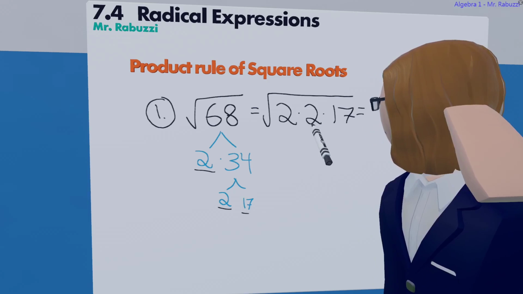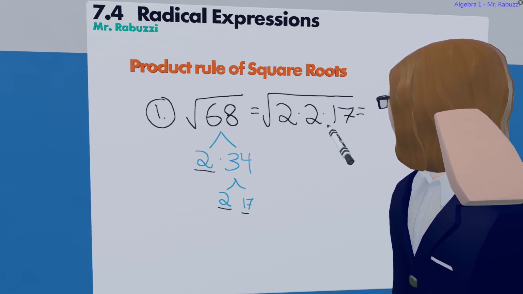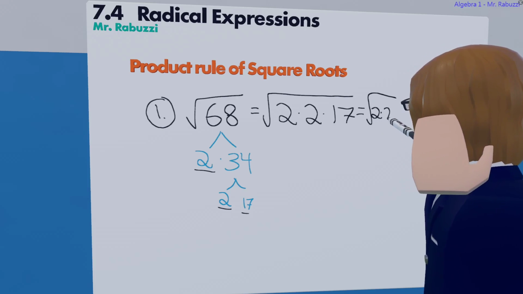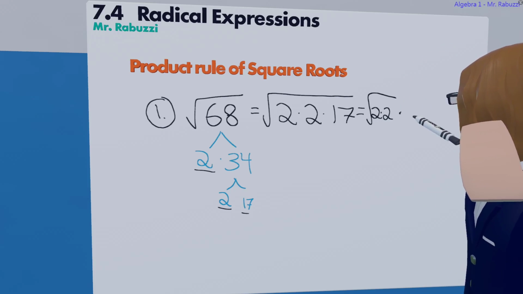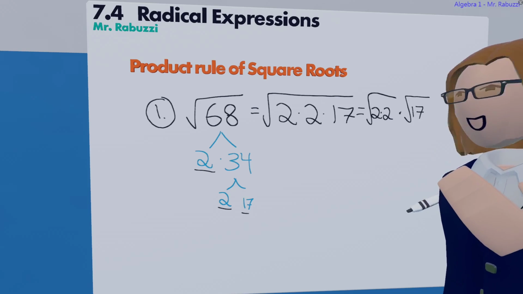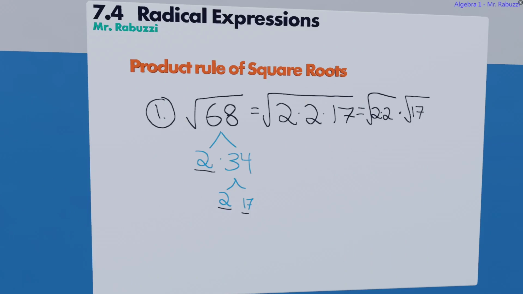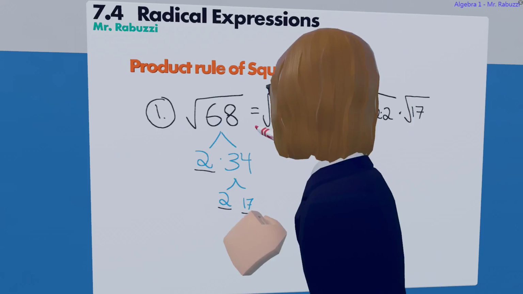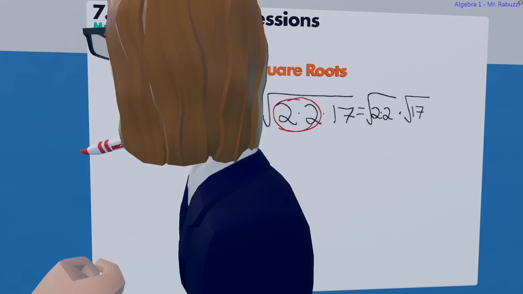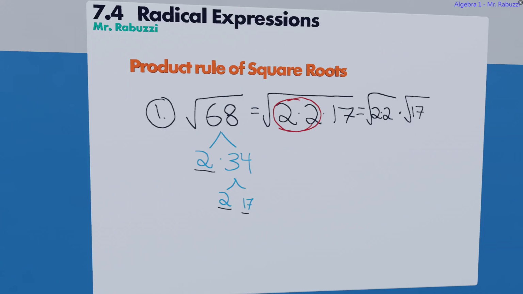If I have 2 of the same number, if I have something like this, square root of 2 times 2, and then the other one is square root of 17, well, 2 of the same number, they can leave. These 2 guys, that means that one of them will leave the radical. So over here we get, the square root of 2 times 2 is 2.